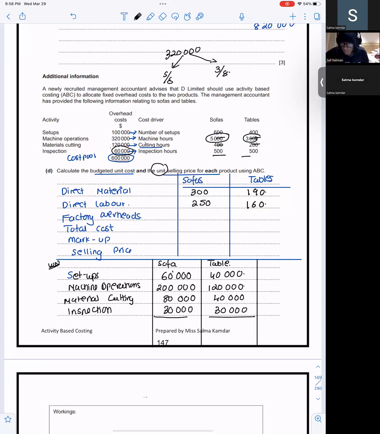What total amount are you getting now? Total amount. 190,000. Per unit? Oh, total, sorry.